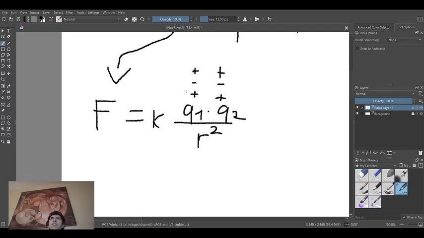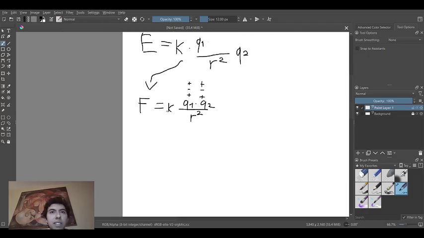Now, that's the electrostatic force. And another thing that has to be explained is, what was it? Okay.